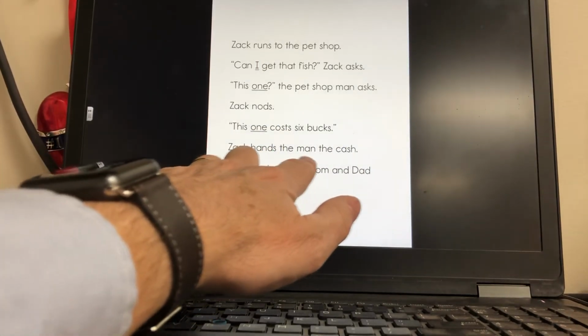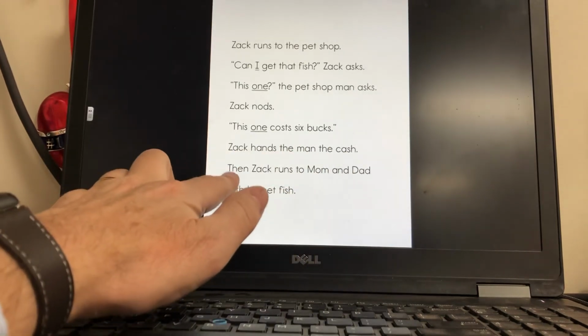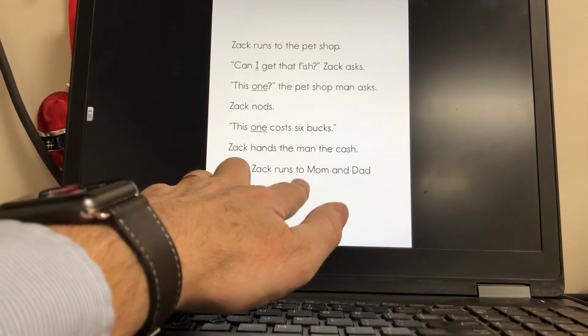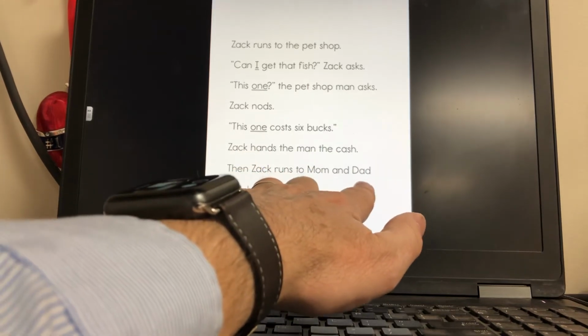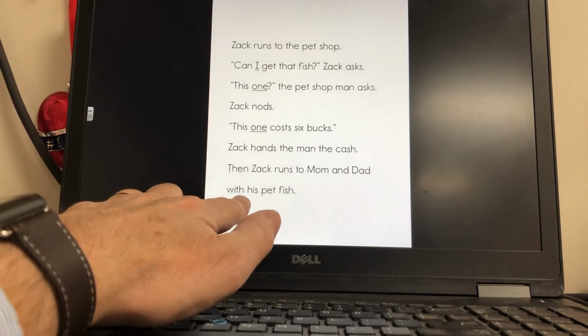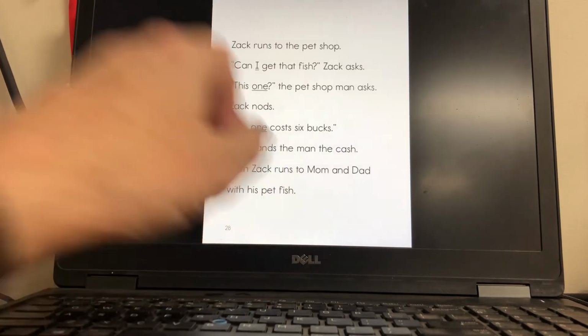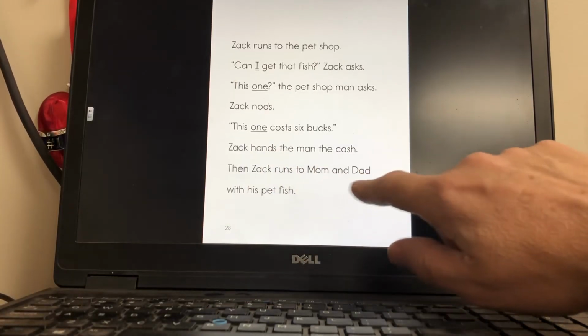Zack hands the man the cash. Then Zack runs to mom and dad with his pet fish. Take a look at mom and dad for just a minute.